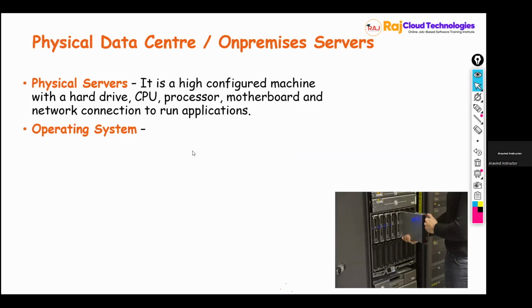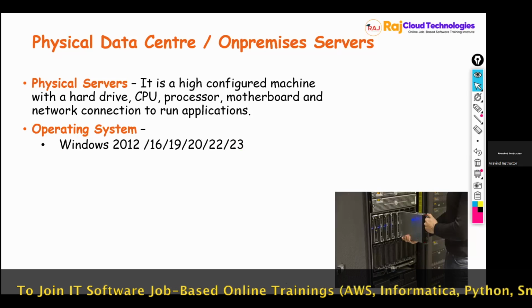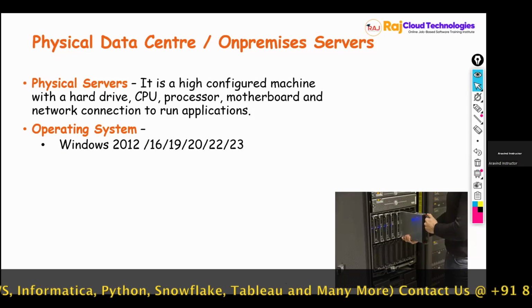Normally, in our laptops and computers, we install Windows 7, Windows 8, Windows 10, Windows 11. But in a server, you cannot install these. There is a separate version designed by Microsoft to install in servers. They are Windows 2012, Windows 2016, Windows 2019, Windows 2020, Windows 2022, Windows 2023.